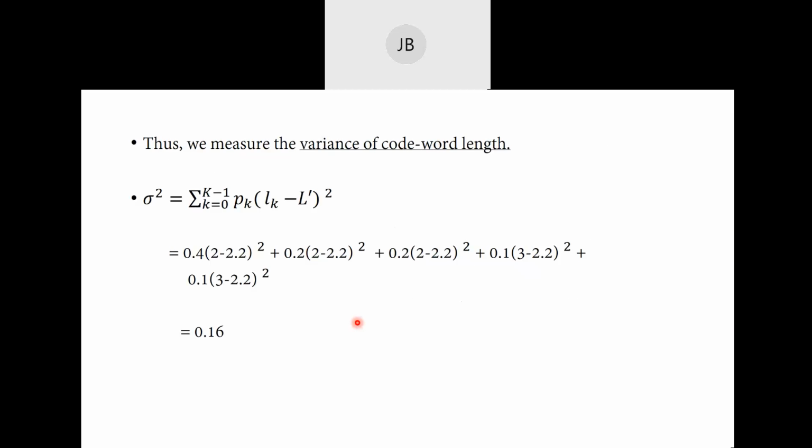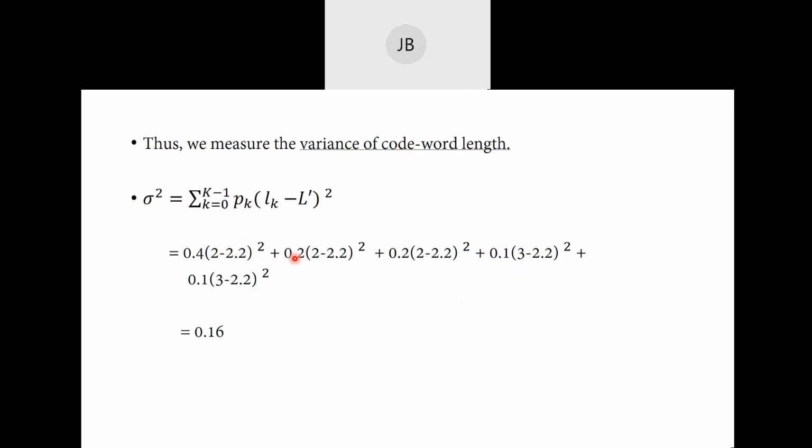Okay, now the third part in the question is to measure the variance of the code word length. So variance is determined by this equation: the probability of the symbol multiplied by the length, that is the number of bits used in the particular code, minus the average code word length, its square. For example, the first symbol, the probability is 0.4. It had 2 bits in its code word, so we have the number 2 here, minus the average code word length that we determined in the previous step, which is 2.2.